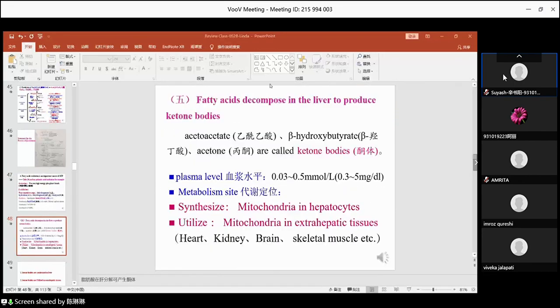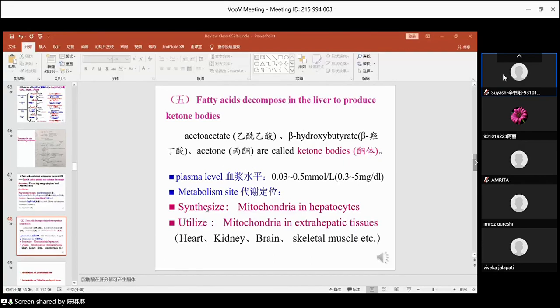The next key point in this chapter is about the ketone bodies. You should remember the components of the ketone bodies. They are acetoacetate, beta-hydroxybutyrate, and acetone.